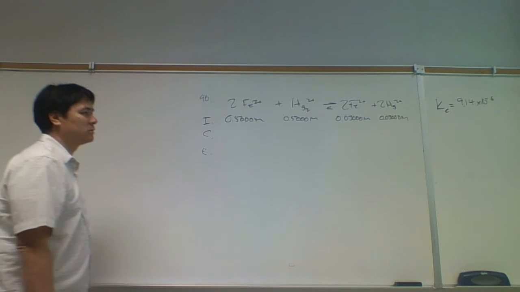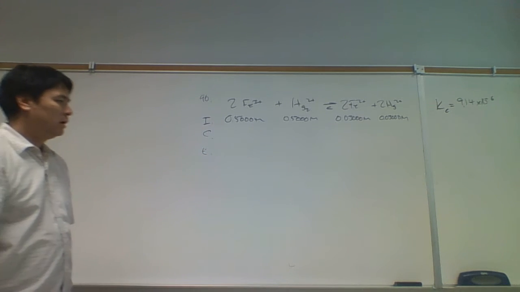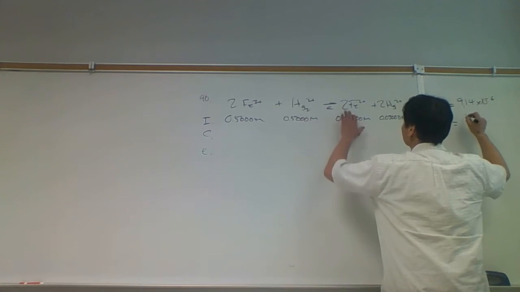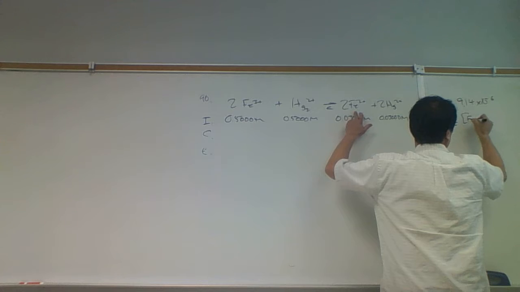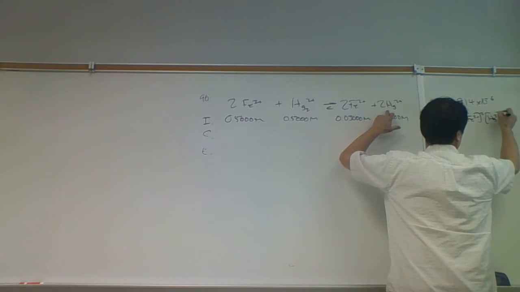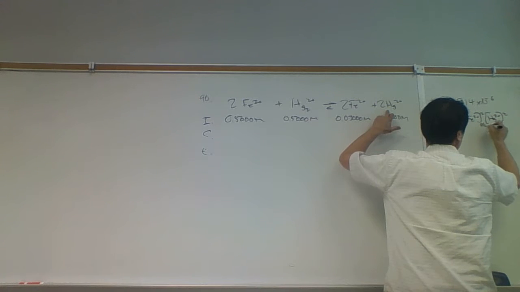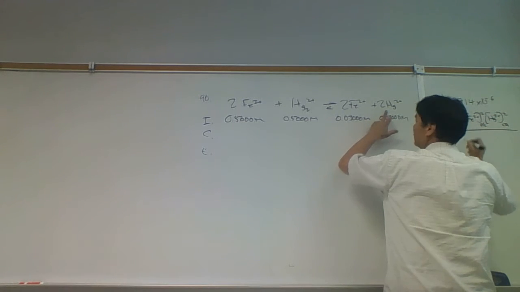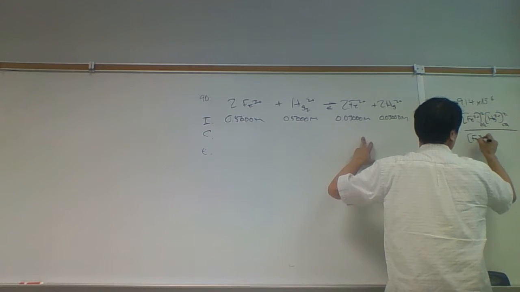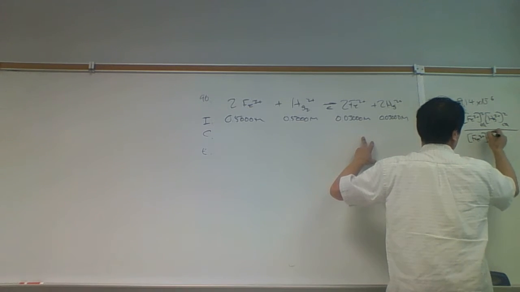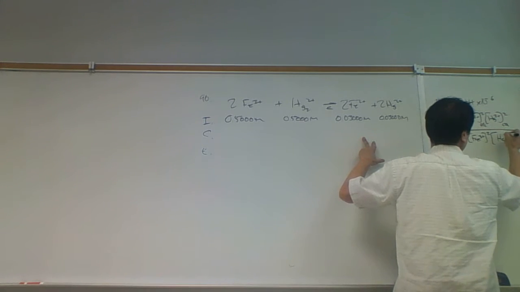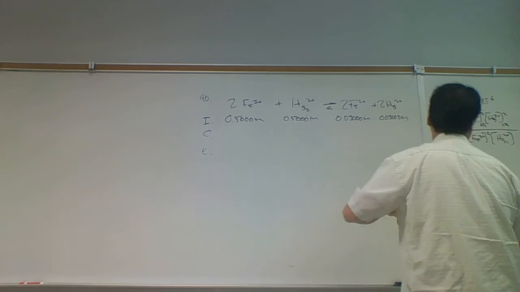And we're going to use K to help us figure that out, because Kc here is going to be the iron 2 concentration squared times the mercury 2 concentration squared, these are at equilibrium, divided by the iron 3 concentration squared and the mercury 1 concentration.